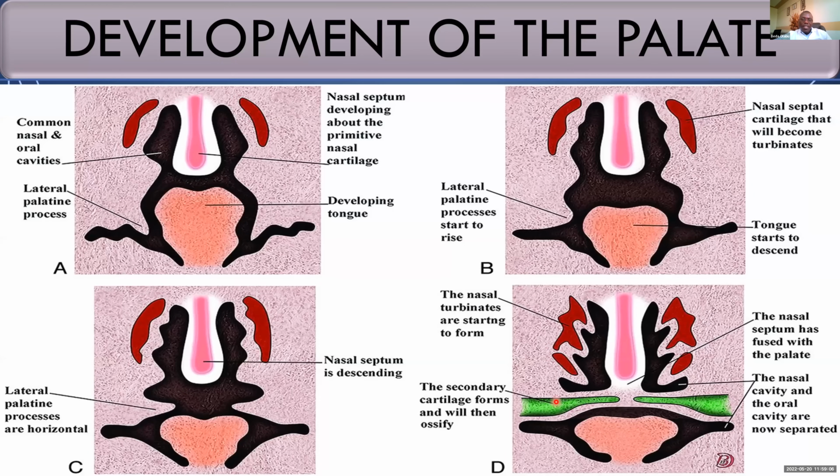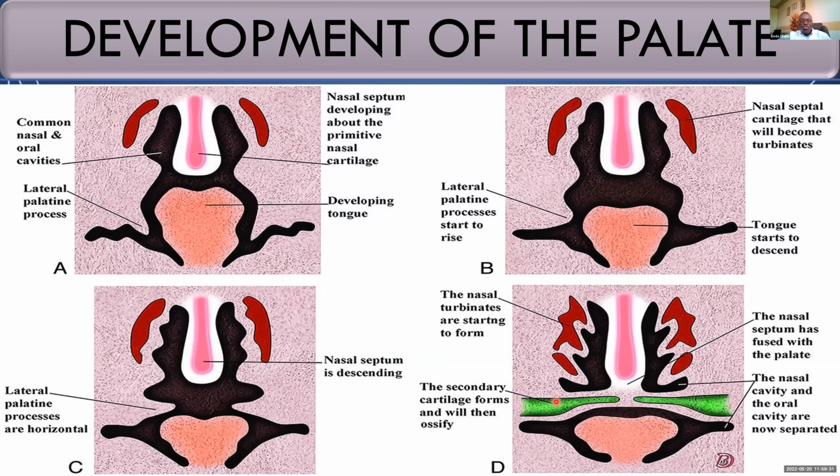Now, once the secondary palate fuses, something important happens. Once the right and the left palatal shelves fuse above the tongue to form the secondary palate, the anterior parts of the secondary palate undergo ossification, which means that bone formation occurs within the anterior parts of the secondary palate.